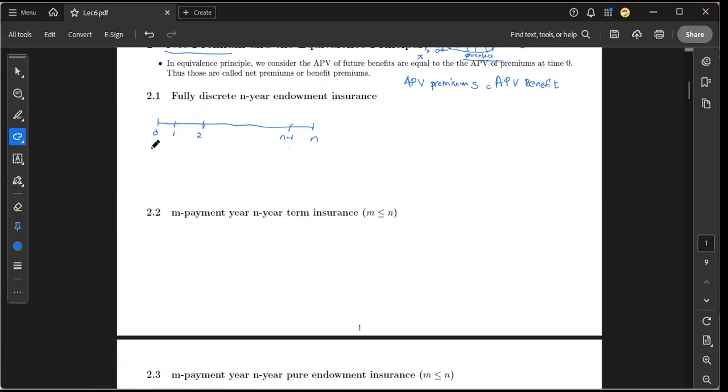So then the premium for the $1 benefit, fully discrete n-year endowment insurance, is denoted by capital P for premium. Previously, we used the simple p for probability, the survival probability, and this is the age by now, and this is the coverage period. So it's similar to that endowment present value.